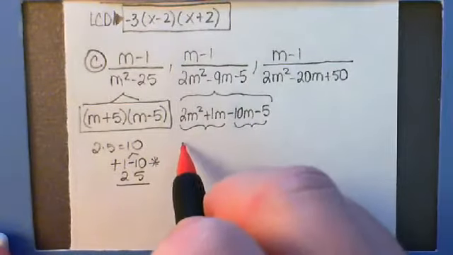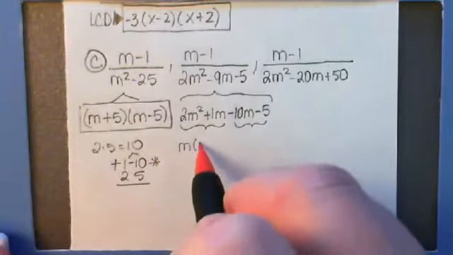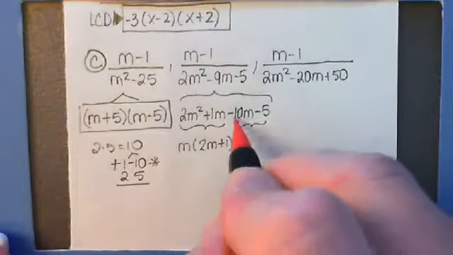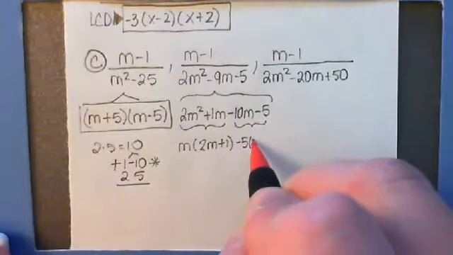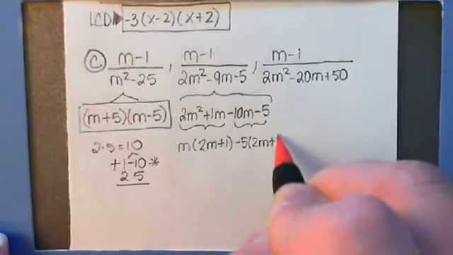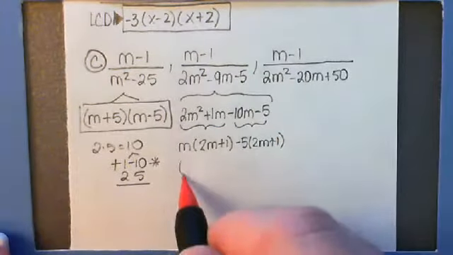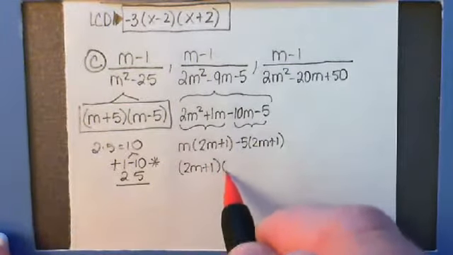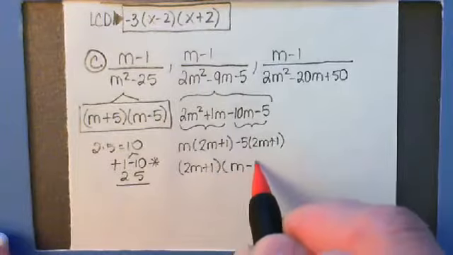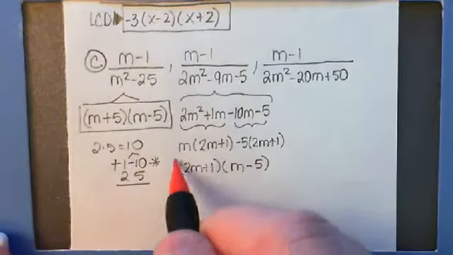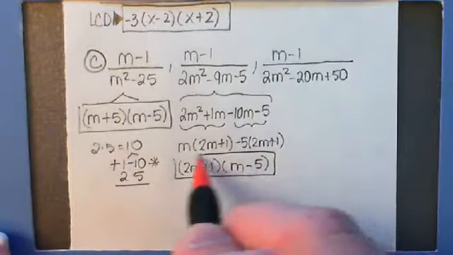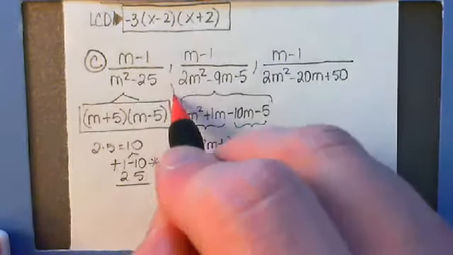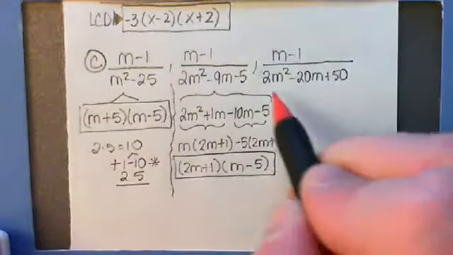So this would be, I can factor out an m, so this would be 2m plus 1. And here I can factor out a negative 5, so this becomes 2m plus 1 as well. So what do they have in common? 2m plus 1 and m minus 5. So that means this is the factorization of the second denominator. So put a line right here.